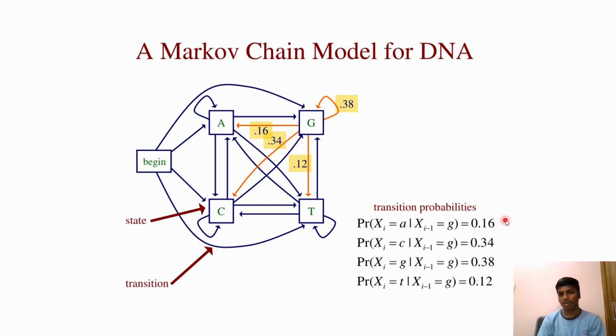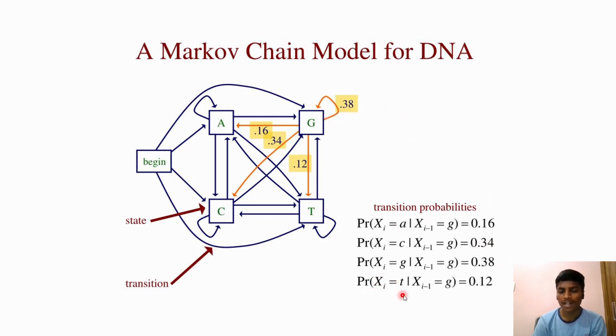Now let us see the transition probabilities. P(x_i = A | x_{i-1} = G) equals 0.16. P(x_i = C | x_{i-1} = G) equals 0.34. P(x_i = G | x_{i-1} = G) equals 0.38.